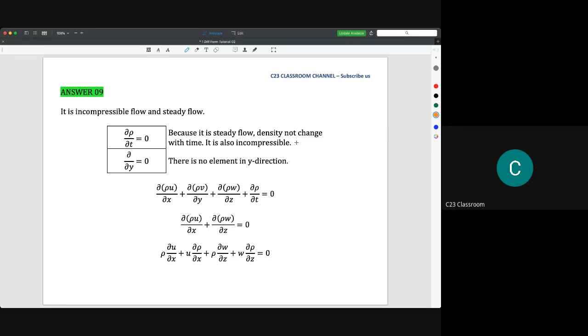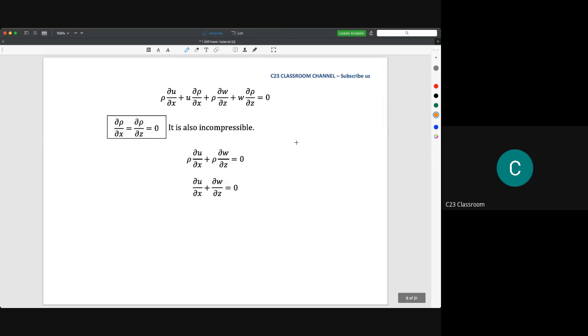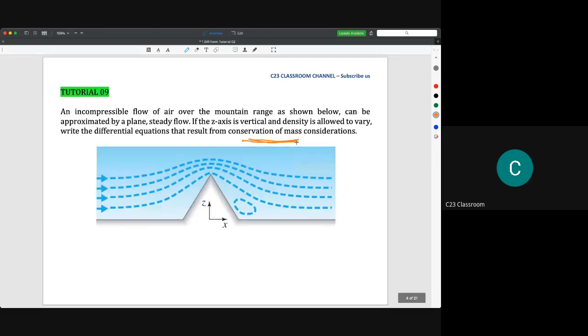So why do we take incompressible flow here? Normally, if we have a pipe here, it is a closed conduit area. So means if the flow, the pressure cannot release, so it can be compressed.